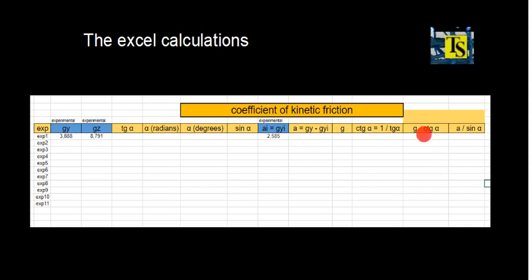And a divided by the sine of the angle. This is a, divided by the sine of the angle, so this cell divided by that. And then you get, for each of the experimental values, this table complete.